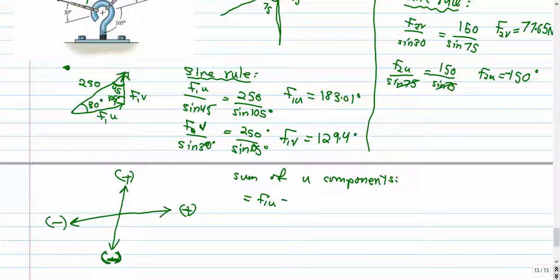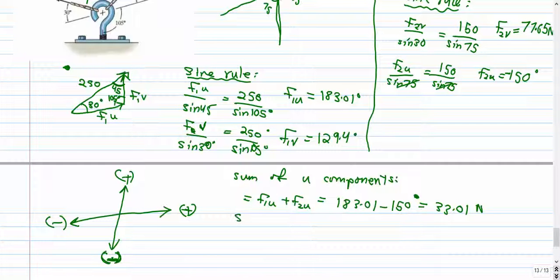F1u plus F2u should be equal to 183.01 minus 150, and this gives us 33.01 newtons.